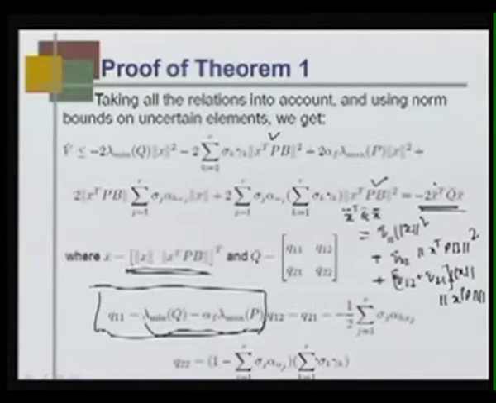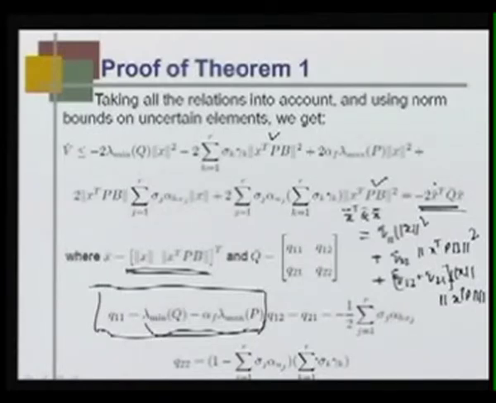So, this is q22, and then q12 plus q21 is the coefficient of x norm and x transpose p b. You see that there is only one term, and since we have q12 and q21, the coefficient is simply the sum over j equal to 1 of sigma j alpha h x j.